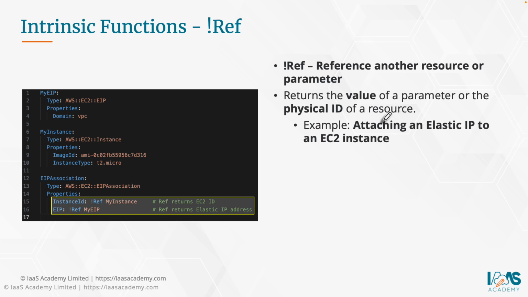In this example down here, Ref MyInstance is returning the EC2 ID, the actual instance ID, and Ref MyEIP is returning the Elastic IP address. So you see that this is different from GetAtt. With GetAtt, you were getting the allocation ID. With Ref, you are just getting the actual IP address in the case of EIP. So you need to understand these critical differences.